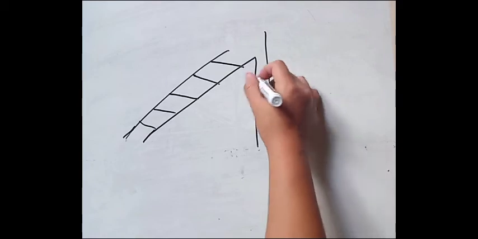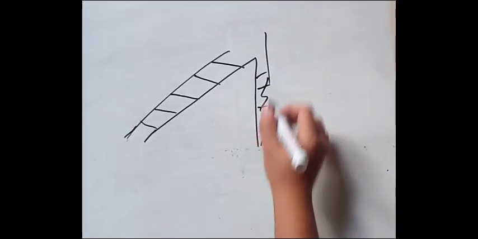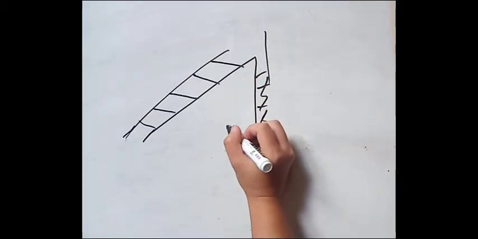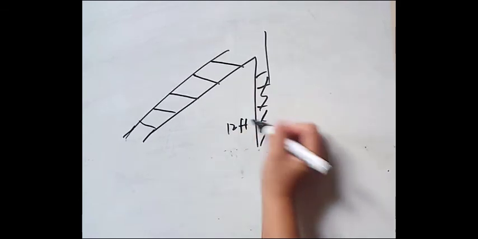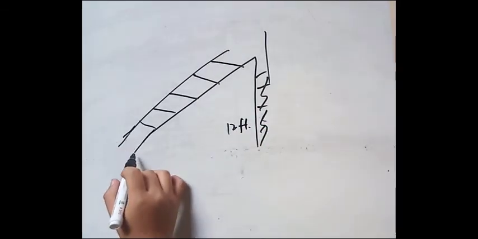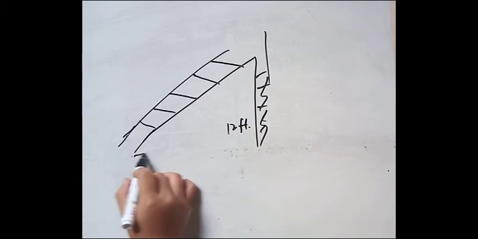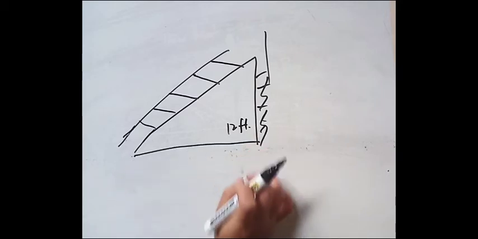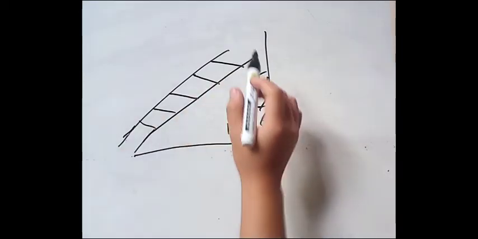So if this is the wall, this is 12 feet long. If the foot of the ladder is 5 feet from the wall, find the length of the ladder.